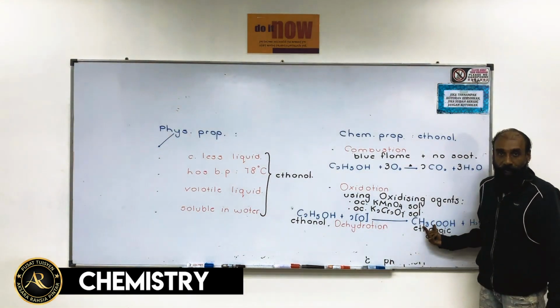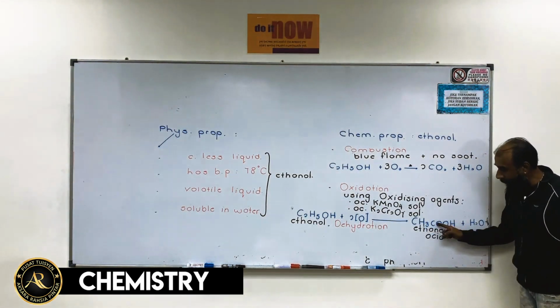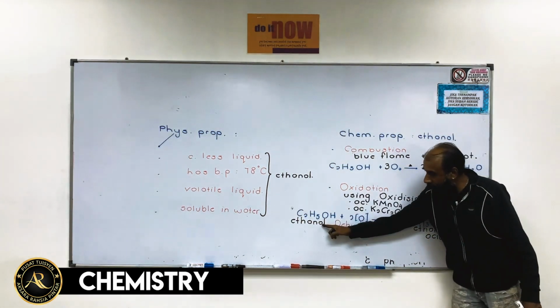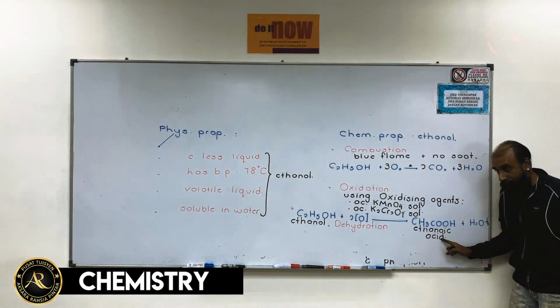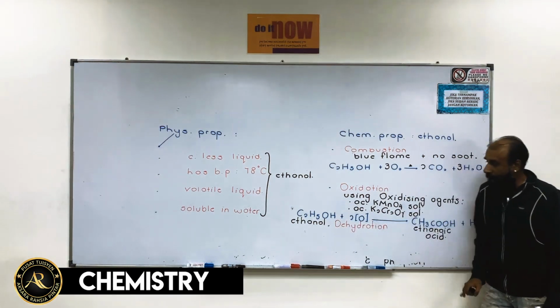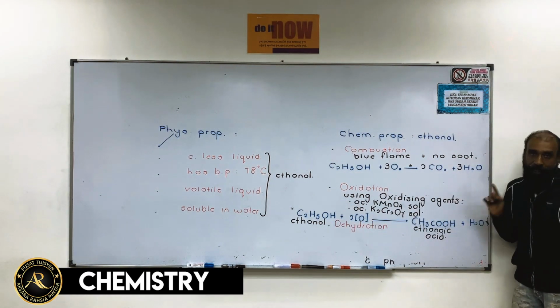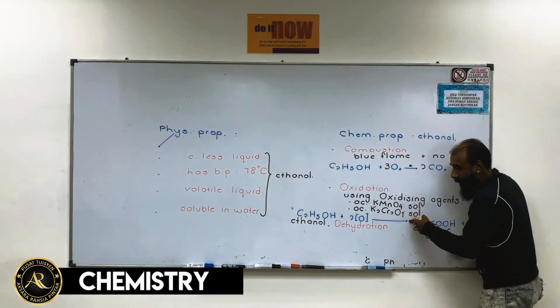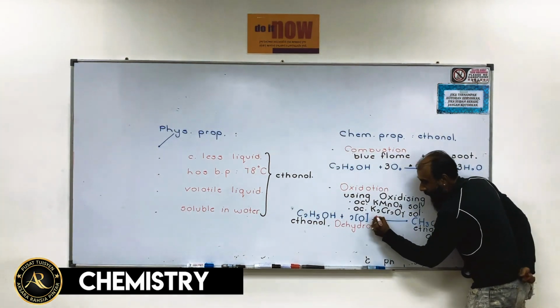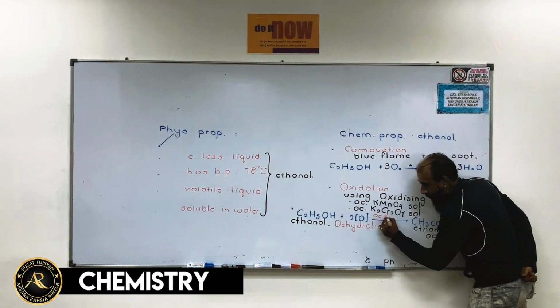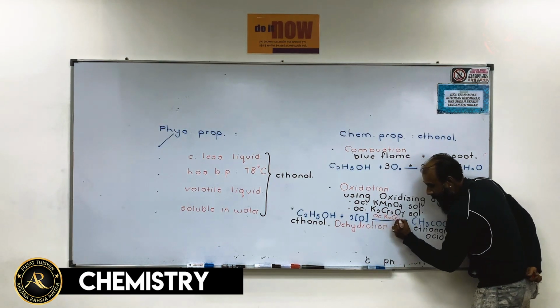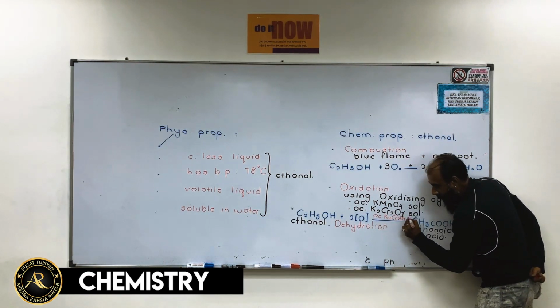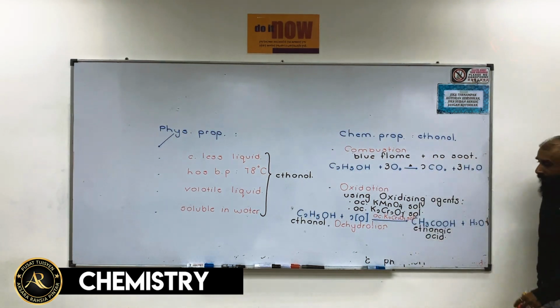Let's look at the example first. If I use ethanol, I will get ethanoic acid. If I use propanol, my product will be propanoic acid. The agent used is written on the arrow: acidified potassium dichromate 6 solution.